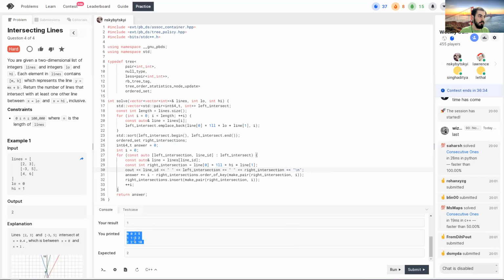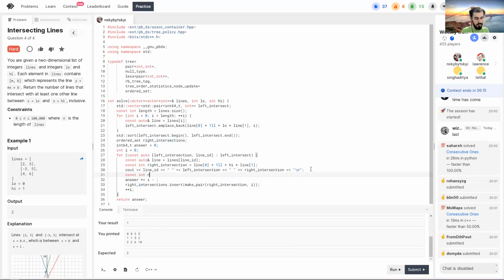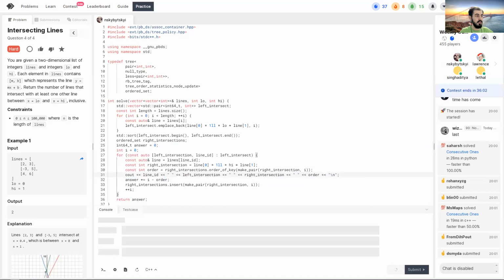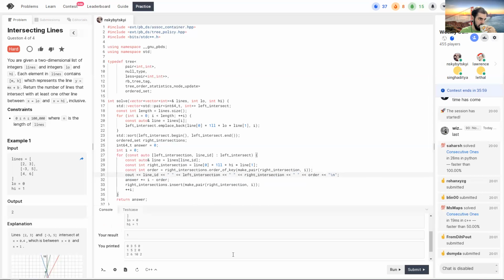Okay, so we have line 3, 5, which intersects with 5, 2. And then 6, 10 comes in. And it's the largest on the right, so it should produce nothing. Okay. Actually, this is my first time using this data structure on the contest, so it's expected.